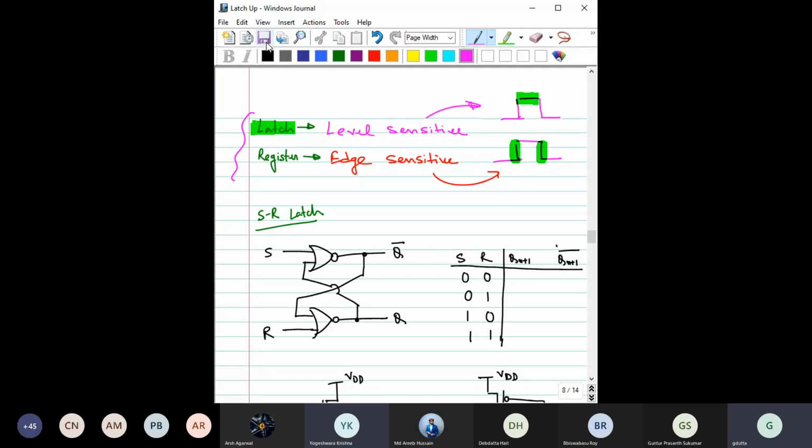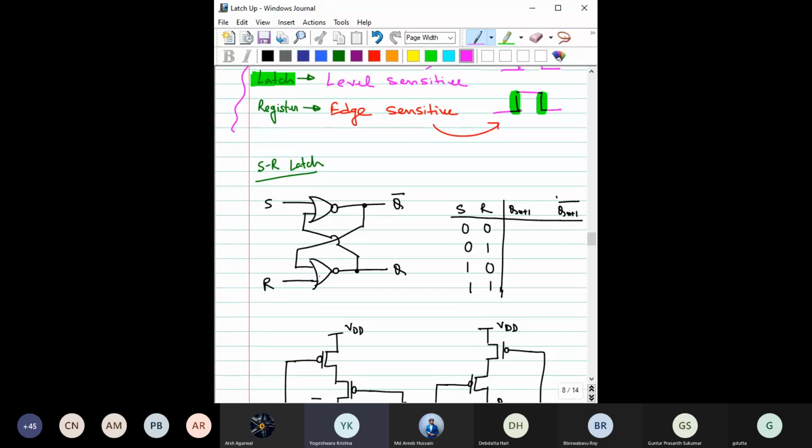That's why in many places we will try not to write SR flip-flop. We will write SR latch, just to say that this circuit should be sensitive to the level, not to the edge.